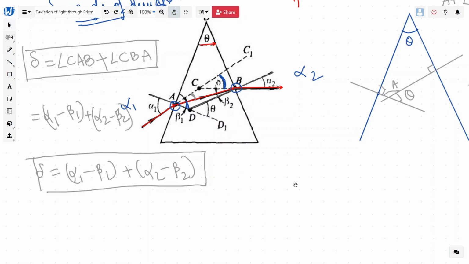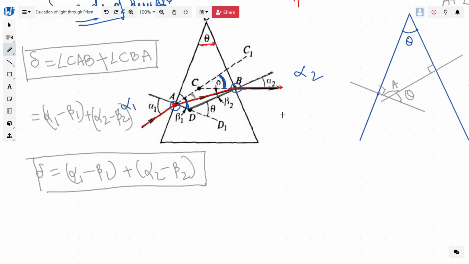So let's look at theta, because we know theta, so somehow we have to include that in other unknown variables like alpha 1, beta 1, things like that. If we can find a relationship between the known variable and unknown variables, it will be easier for us to solve the problem. So now let's look at this triangle only.